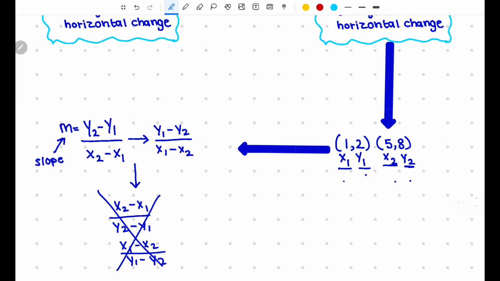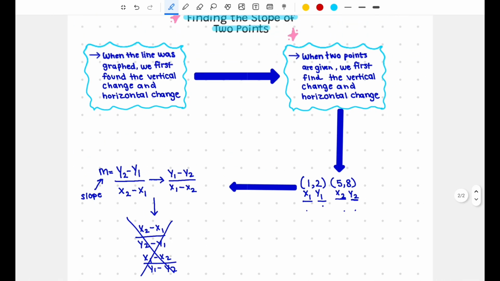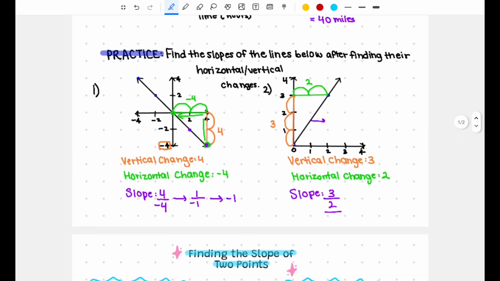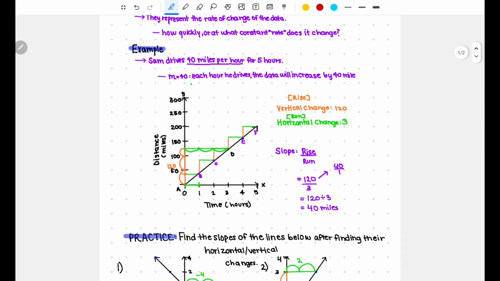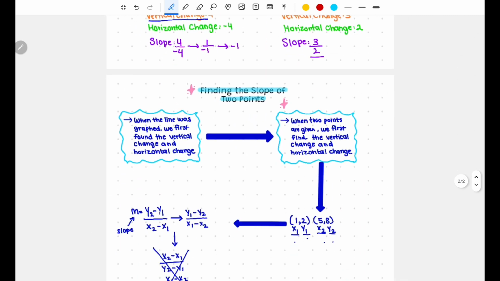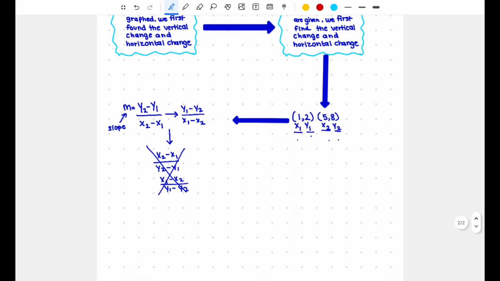Because if you'll remember, if we go back to when we were talking about graphs, it was always vertical change over horizontal change. Always rise over run, never run over rise. If you do run over rise, in this case you would have gotten 1 over 40, which is wrong, totally wrong. So make sure, that's why labeling is very important, that you're using the right coordinates.